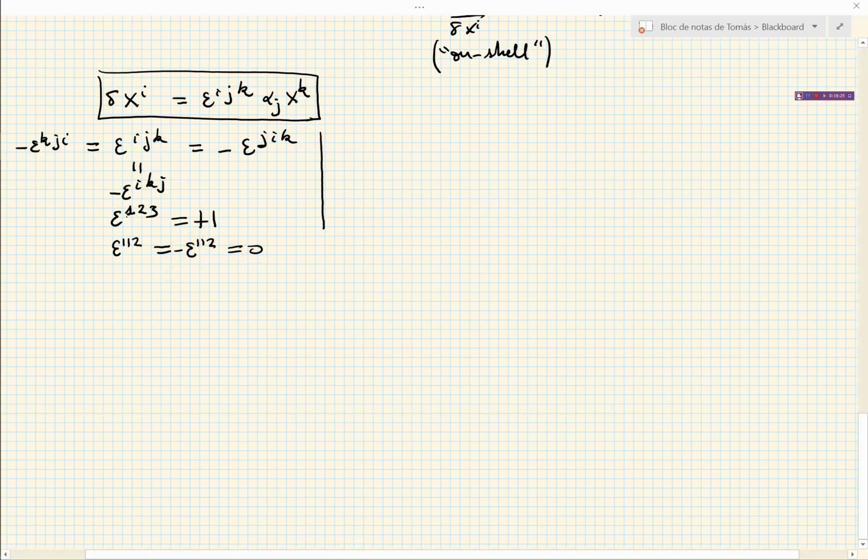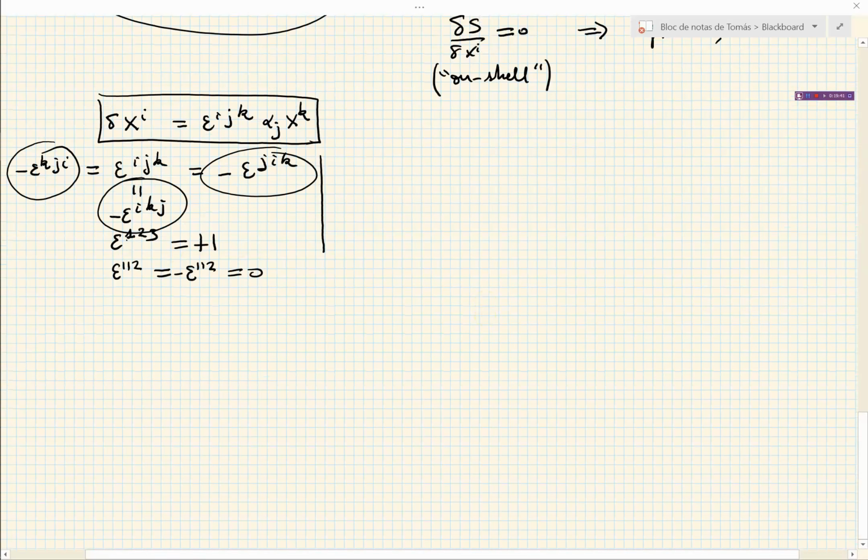The same happens for all the components that have an index repeated, because I can apply this property or this property or this property. So with indices repeated, I get a 0. Then the only possibility is that the three indices are different. These indices vary from 1 to 3, then the only possibility is 1, 2, and 3 in any order. Now, epsilon in this order 1, 2, 3 is defined to be plus 1, and any other order you just get a sign which is associated to the permutation.